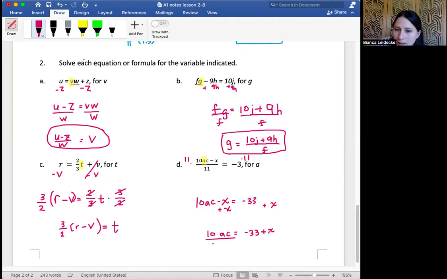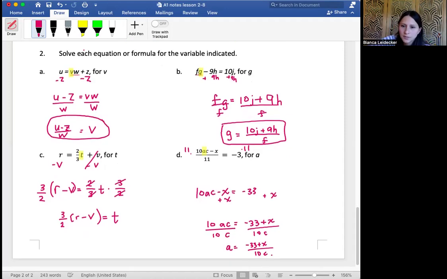Divided by 10 and c, that way a is by itself. So dividing by 10c on both sides, now I have a equals negative 33 plus x over 10c. There you go. That's the final answer.